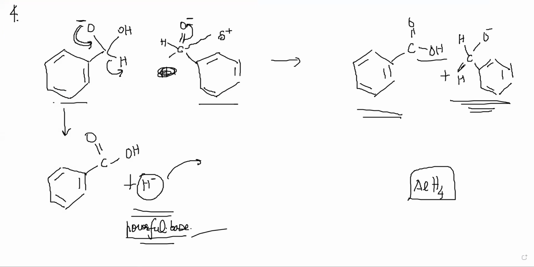So you just have to flip the ring a little bit. Bring the O minus closer to this carbon, this double bond. O minus will form a double bond. And then the C minus will come, right? There will be a C minus, right?